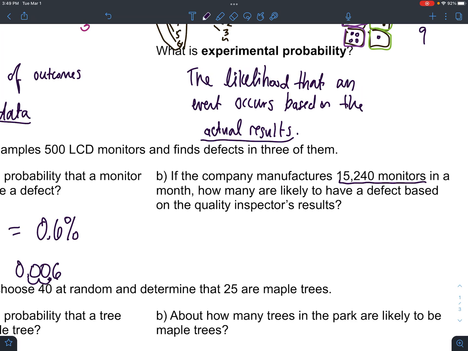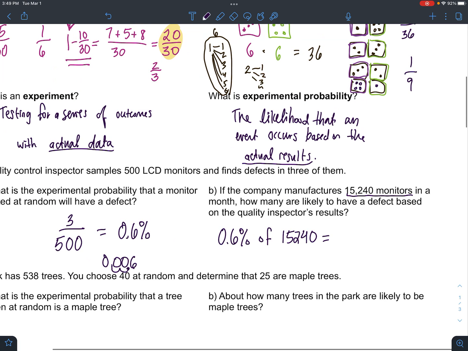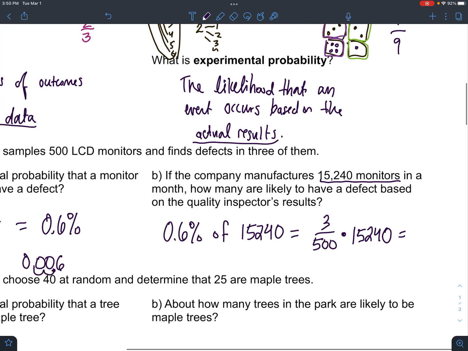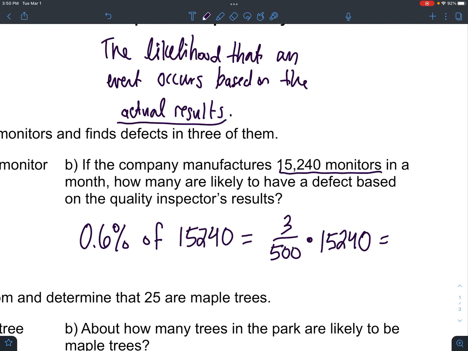They have all these monitors now, and we want to know how likely is it, how many of those are going to be defective? What can we expect? Well, you would take that percent that you found and do of that number, right? And the math for that would be, you take that fraction, and of means multiply, times the total.